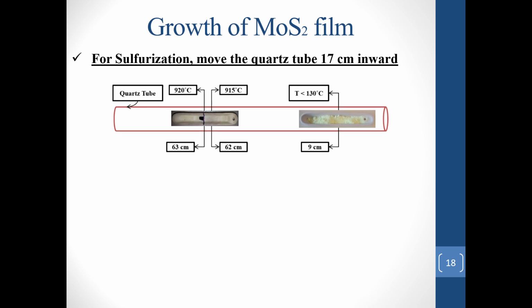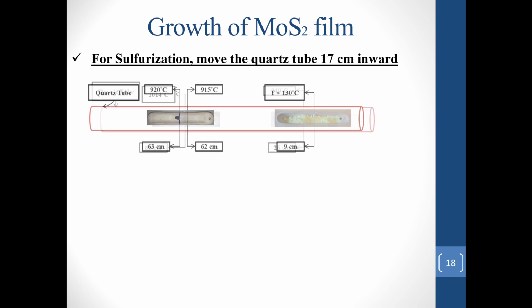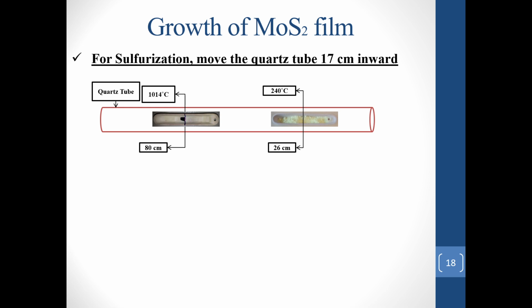Now see the animation which I told you. Now you can see this is 17 centimeters inward. Now the new positions and temperatures are mentioned. After moving 17 centimeters inwards, your sulfur powder now came to 26 centimeters, and here the temperature is 240 degrees Celsius. And we know from literature that sulfur powder evaporates at 240 degrees Celsius.